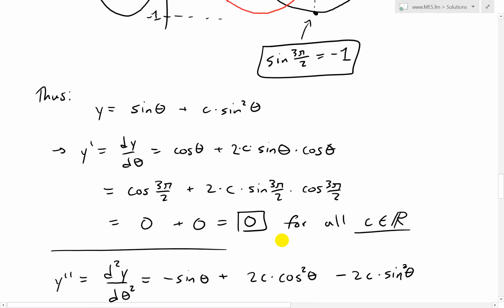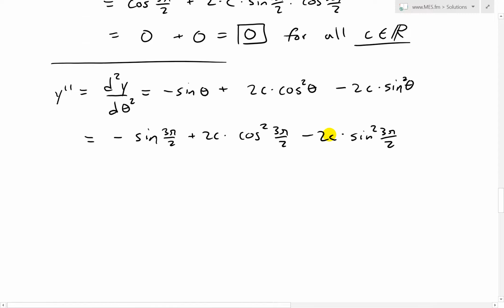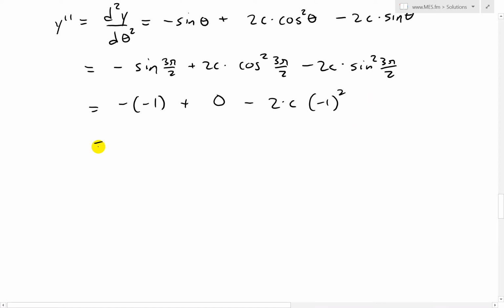Remember, sine 3 pi over 2 is negative 1, and cosine is 0. So we have negative 1 plus, this is 0, that just goes to 0, and now on this side we have negative 2c, and this is a square, so we have negative 1, that's what sine is, and then squared, which makes it positive. So this equals, that's positive 1, 2 negatives make a positive, so now we have negative 2c times positive 1, so that is what our y double prime is, like that.